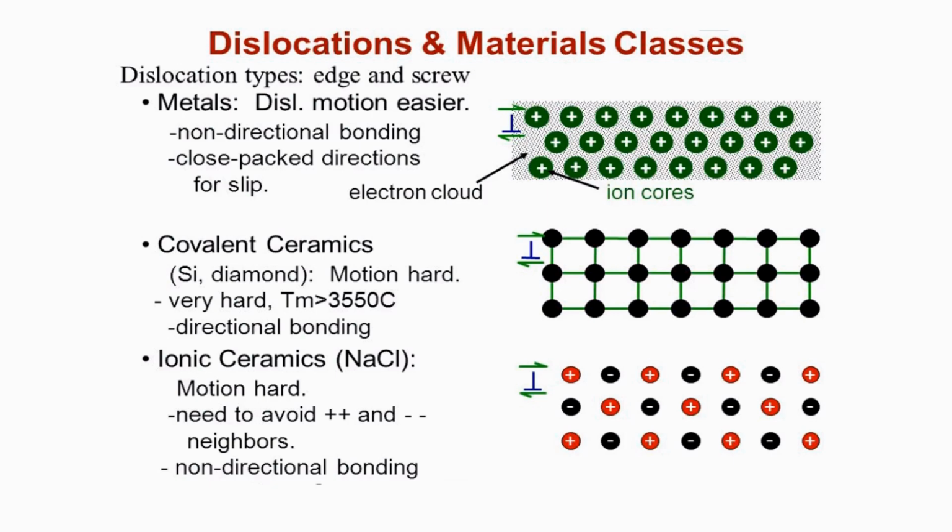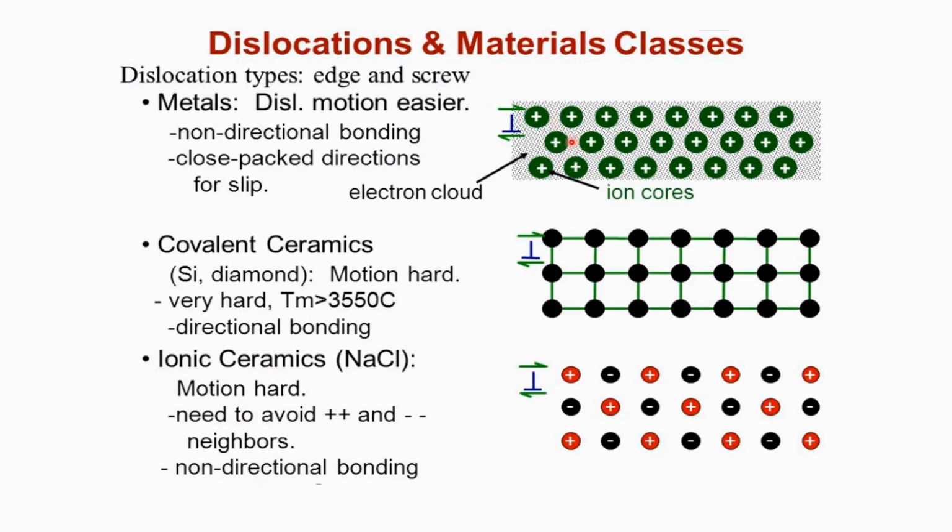We know that metals tend to be ductile and have a high number of dislocations. If we look at the figure here, we can see we have an electron cloud and we have an ion core.